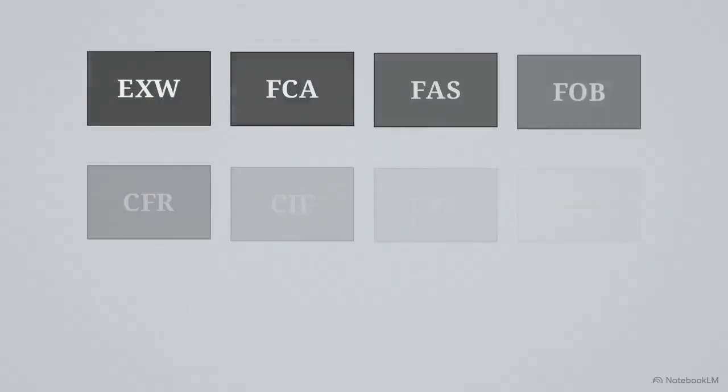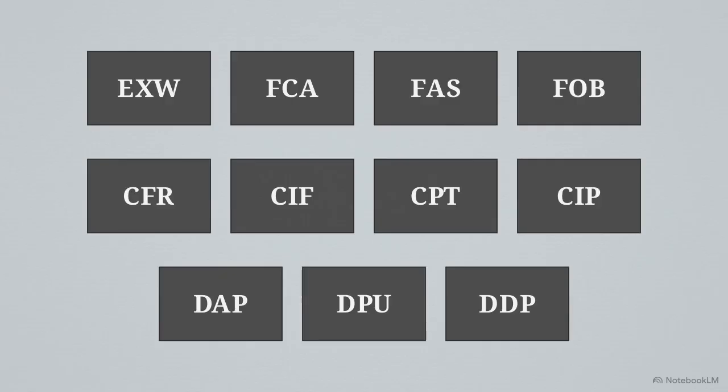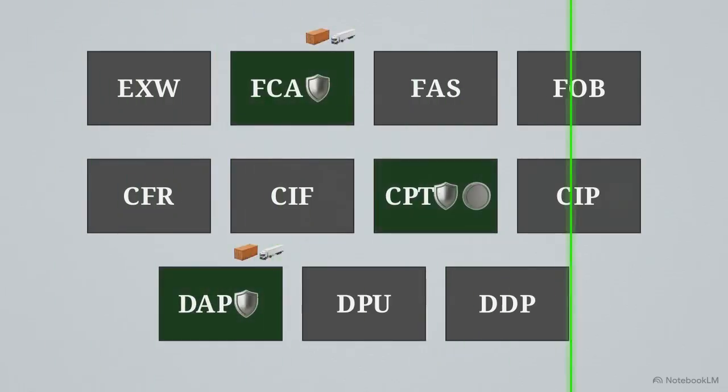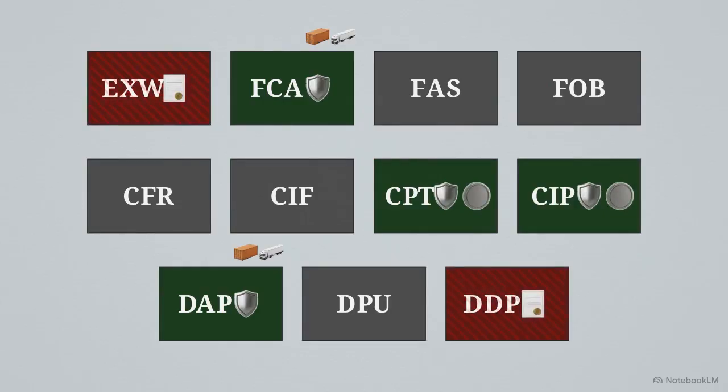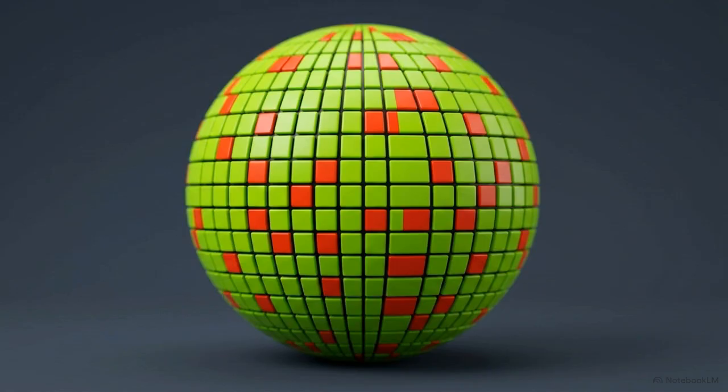Bringing the entire framework together, this master grid maps the zones of control. Green safe zones highlight FCA, CPT, CIP, and DAP. Red danger zones isolate EXW, DDP, and the misuse of FOB and CIF. The grid reveals a counterintuitive reality of global trade.